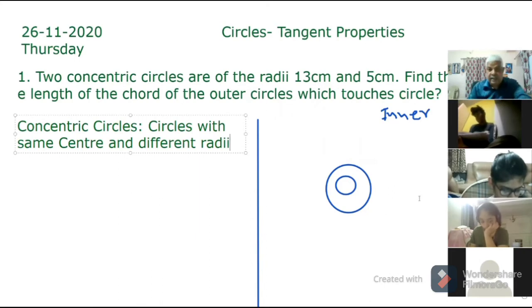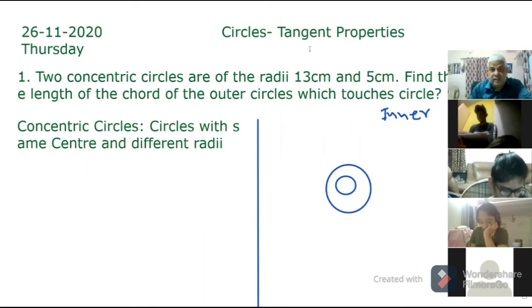Now here, what they said, there are two concentric circles. Okay, children. Just I will consider this one as the center, with O. And the first circle is with a 13 centimeter radius. And the second circle with a radius of 5 centimeter I will consider.